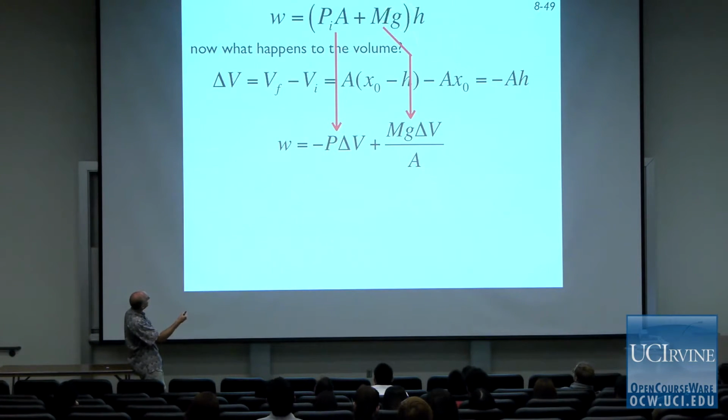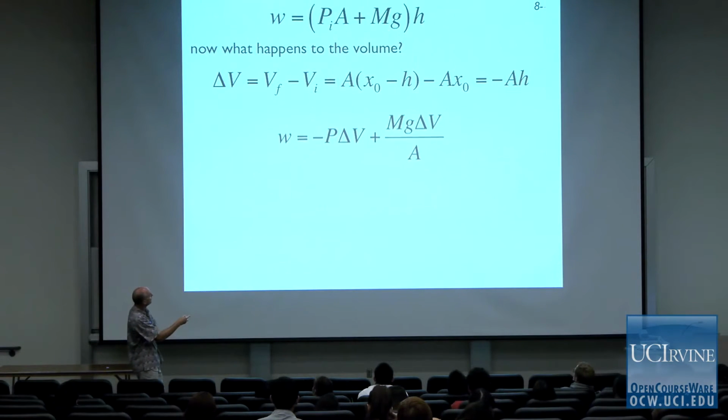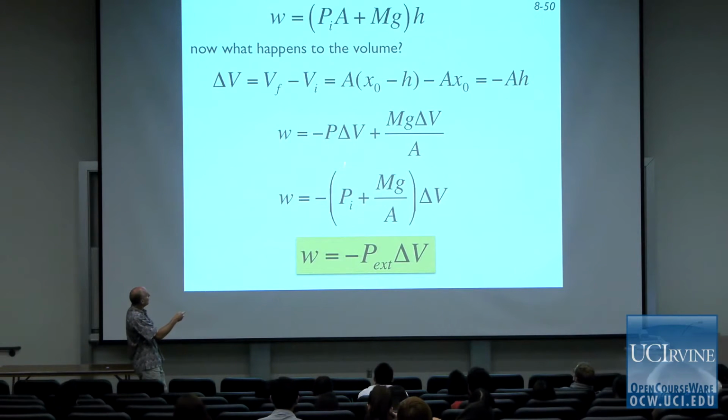And when I make the substitution here, I'm going to get mg delta V over A. I'm just substituting from this expression right here. This is P sub I, by the way. I left off the subscript.